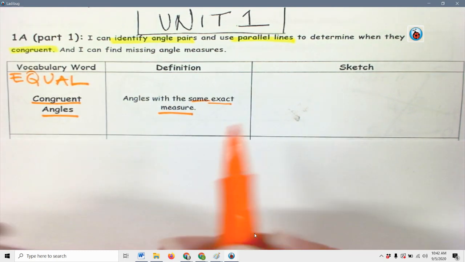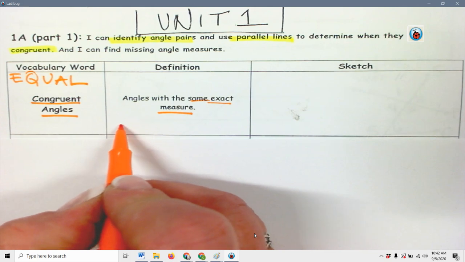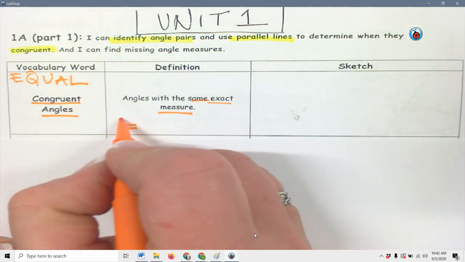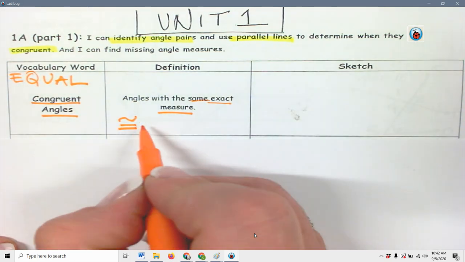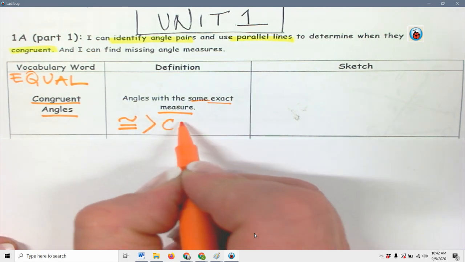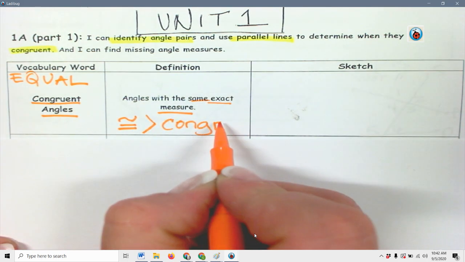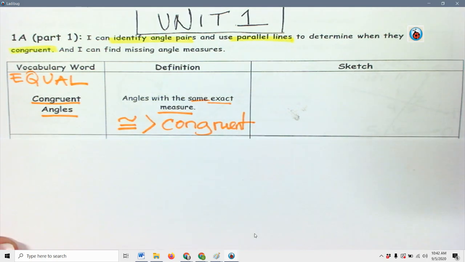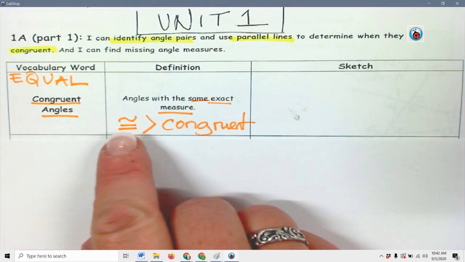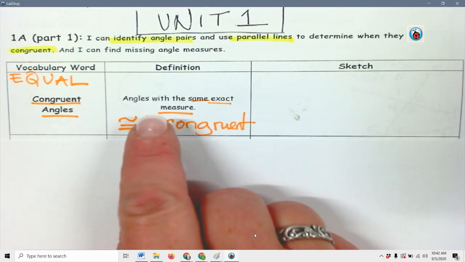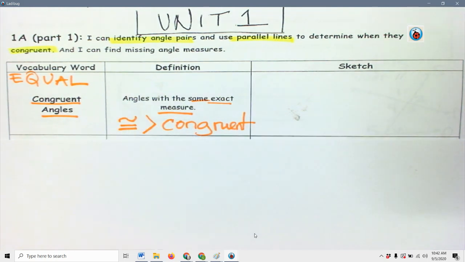And the notation that we use, remember we use little symbols in math, here's the notation that we use to say congruent. If we want to say that they are not congruent, we just add a little word, not, in front of that symbol. And you'll see that soon in your homework and in the notes.